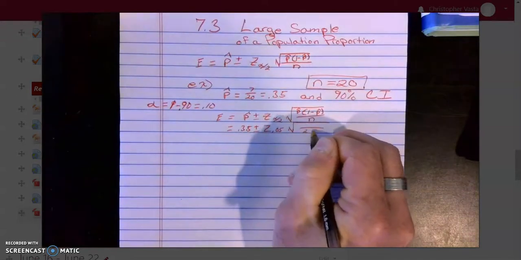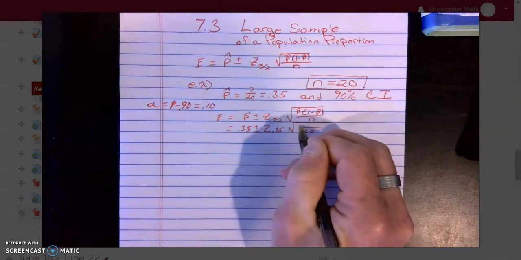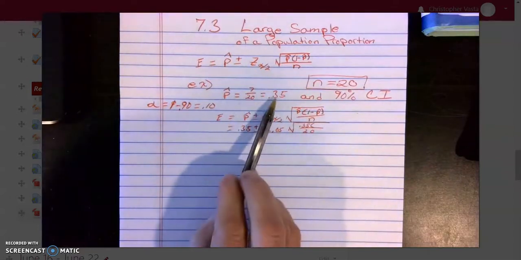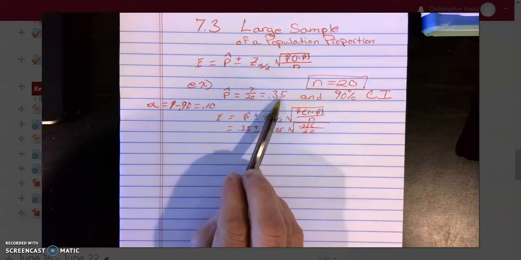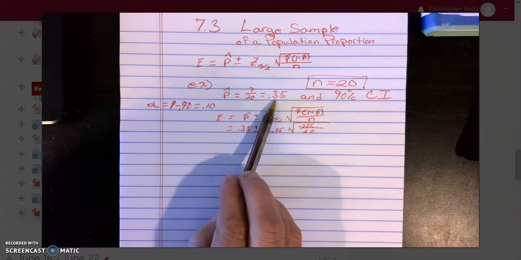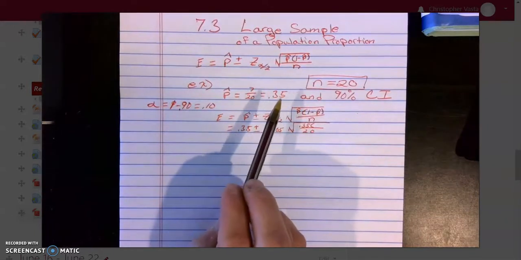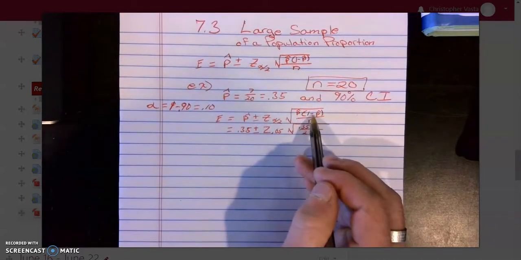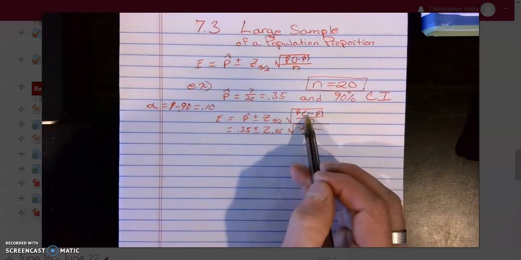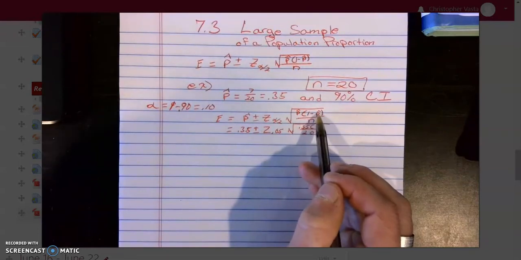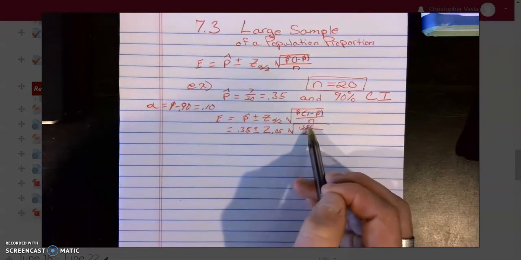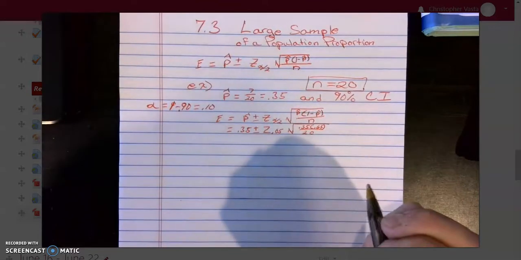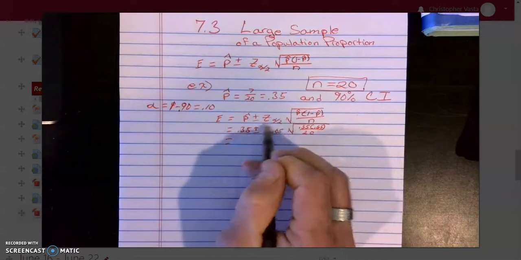So if n is 20, in the numerator we have 0.35 times, and this is where if we have a 35% chance that it's true, then we have a 65% chance that it's not true. That's exactly what this is, because all we're doing is subtracting the sample proportion from 1. When we do that, we get 0.65 here. So now the next step is to go into our z-table.